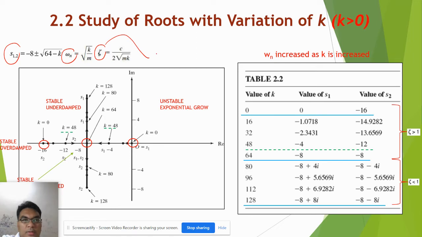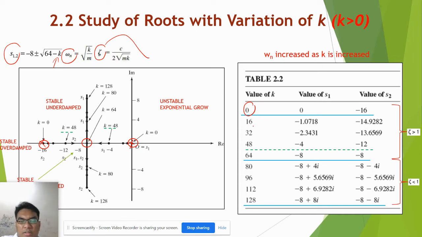Again, you can determine the plot by starting from the value of 0. When you replace k with 0 here, you get the plot of S1 starting from 0, and S2 starting from minus 16. So at this stage you already know the limitation; we will start from here and here.